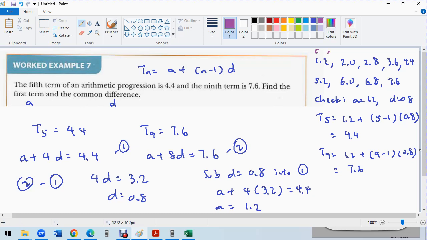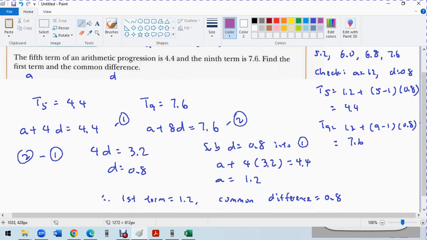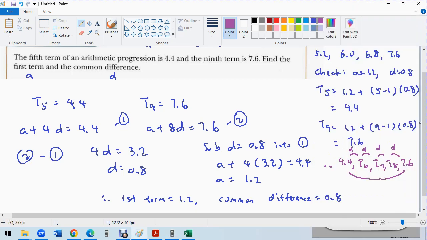If you don't use the formula, even a primary school student can do this question. The fifth term is 4.4, then 6, 7, 8, and then the ninth term is 7.6. So we have 4 steps. The difference between these is 7.6 minus 4.4, which is 3.2.